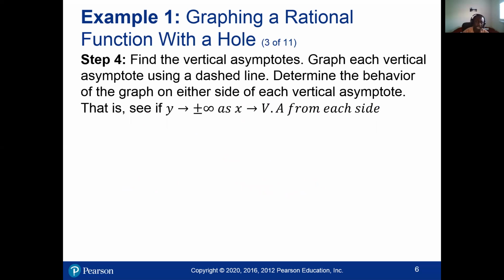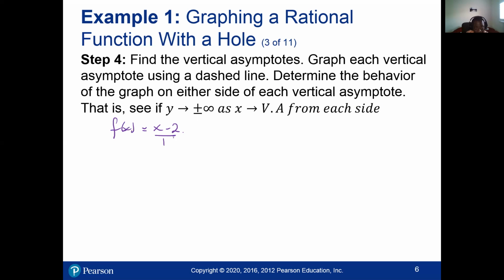Step 4 is to find the vertical asymptotes and graph each vertical asymptote using a dashed line, and determine the behavior of the graph on either side of each vertical asymptote. According to this function, when we simplified it, we have just x minus 2. So there is no value of x such that the denominator is 0.